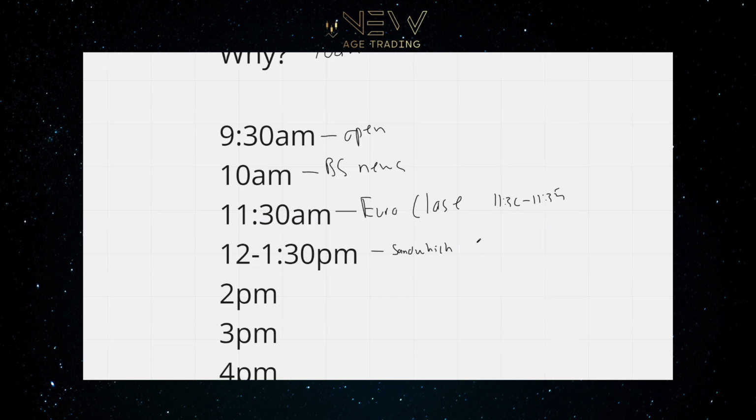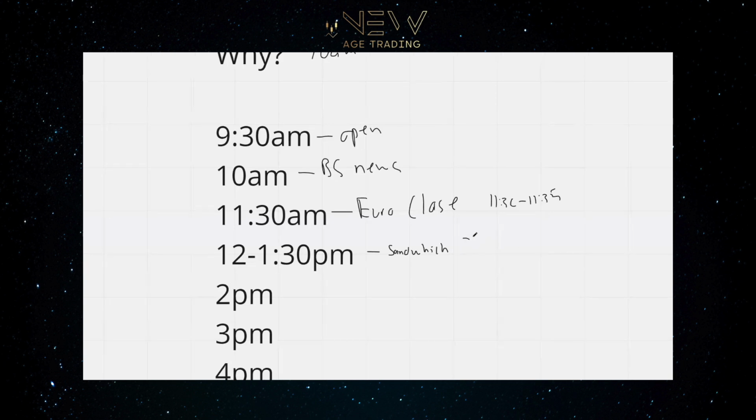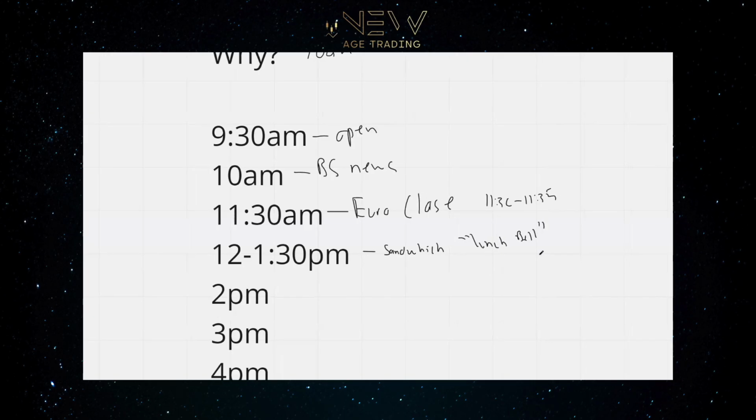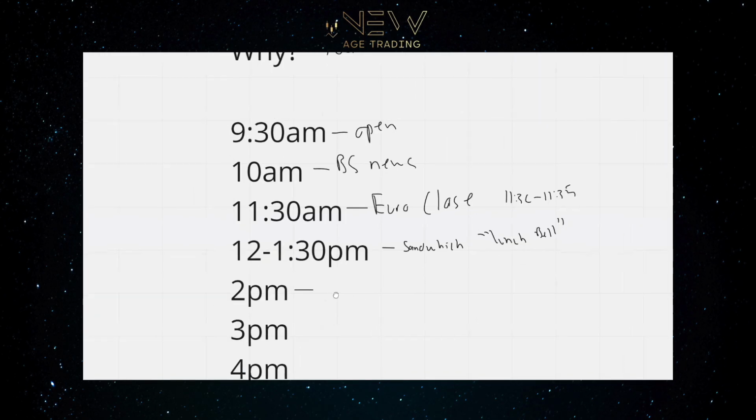No, that's funny though. The lunch bell rings. There used to be this old bell that they would ring in the New York Stock Exchange, and all the guys would come back and get all sobered up. So the lunch bell goes off at 1:30. What happens at 2 p.m. every day in the stock market?